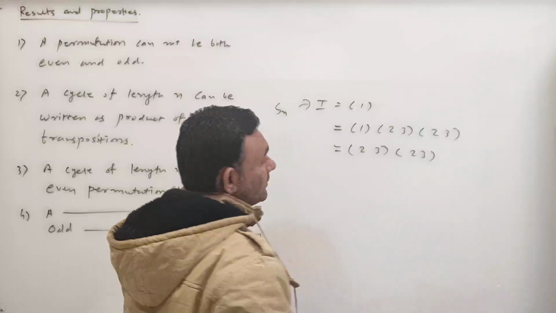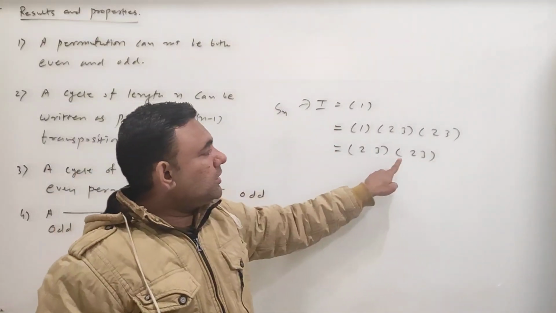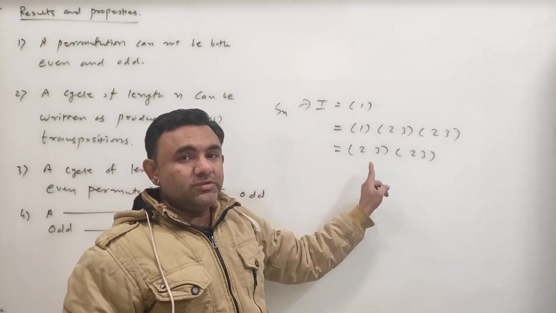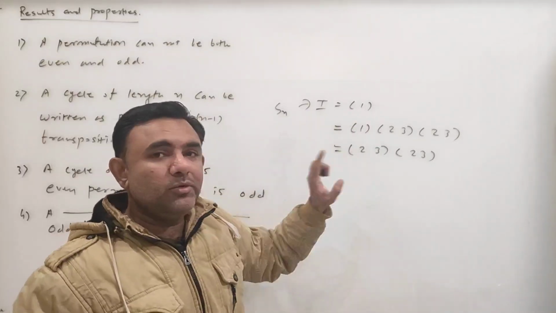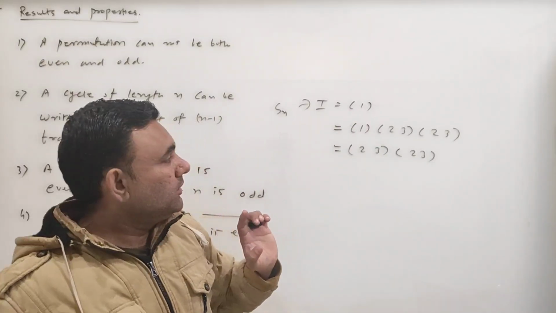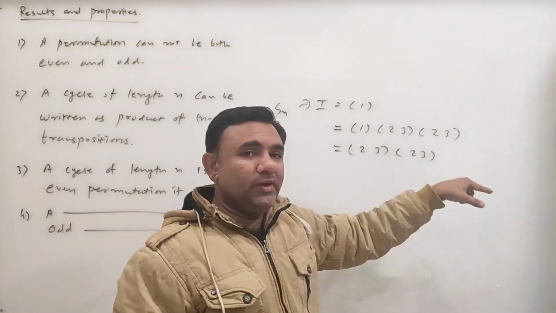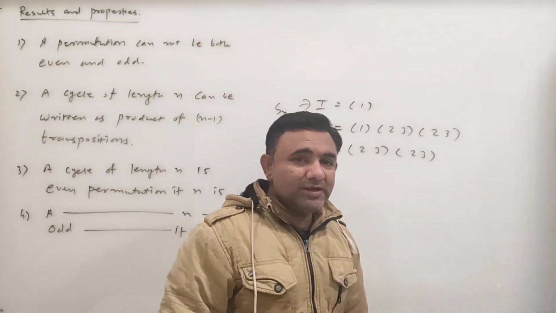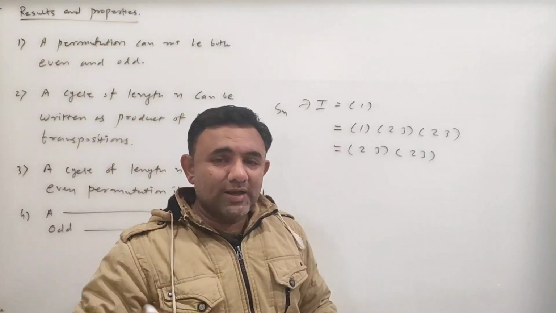2 3. So what I have, identity is a product of two transposition and 2 is even, so I is what, an even permutation, right? And suppose if I want to write I in another way as a product of transpositions, then I have to insert 2 transpositions at a time. So 2 plus 2 is 4, 4 plus 2 is 6, and so on.